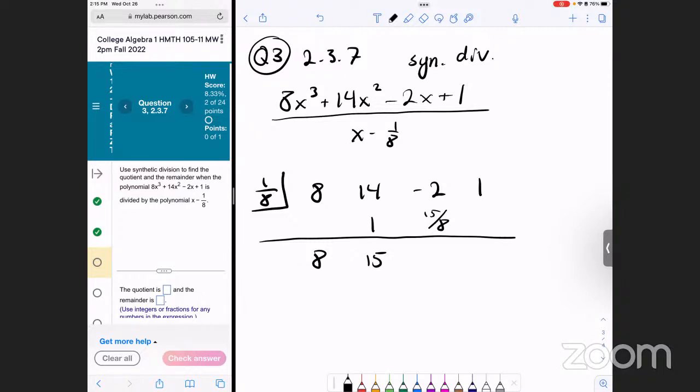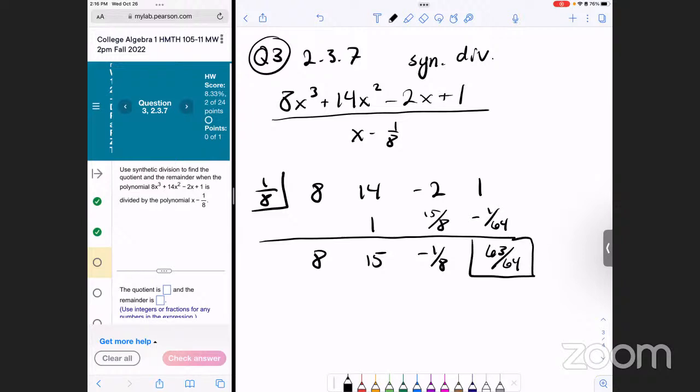So then a negative 1 by 8. You multiply, you get a negative 1 by 64. 64 minus 1 is ultimately going to be 63 by 64.